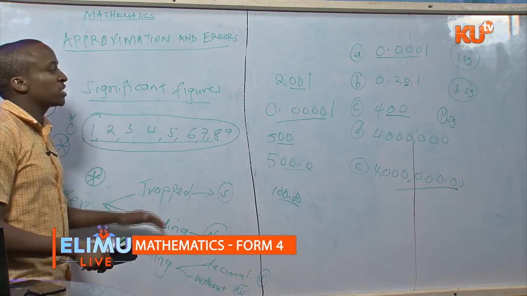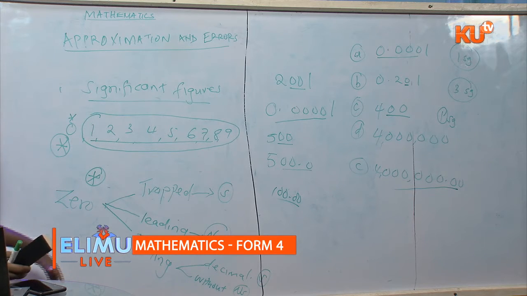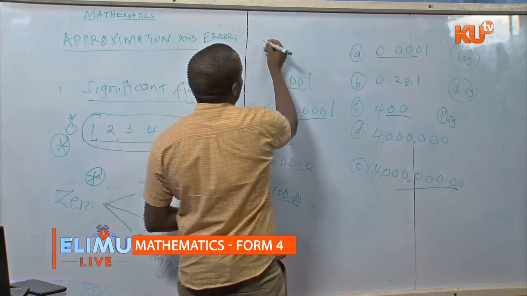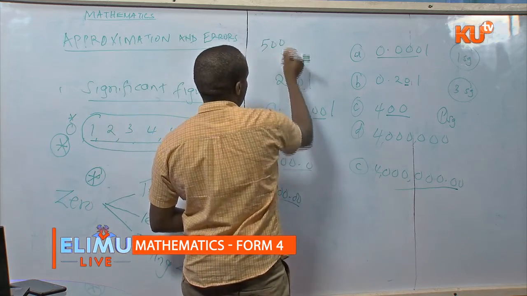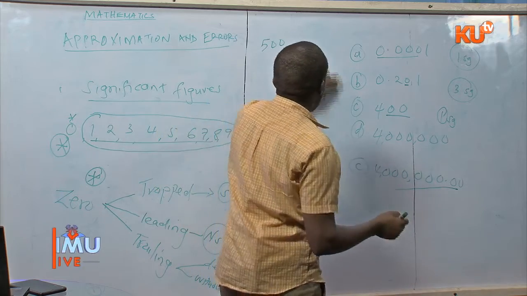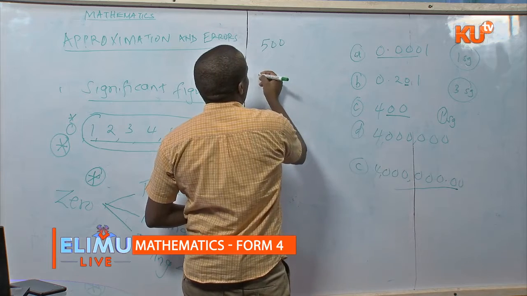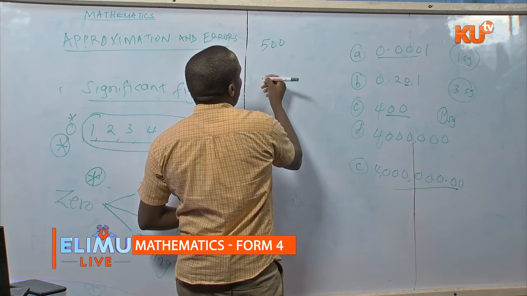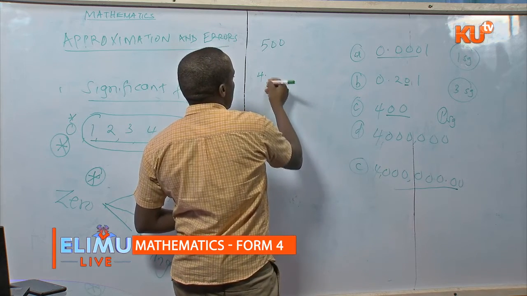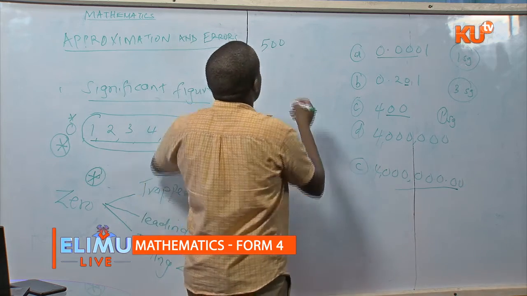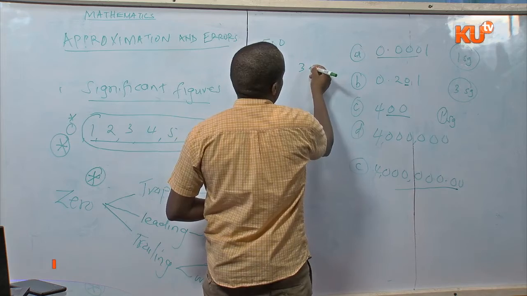We have to consider this concept. You must understand it today. Given in an exam, maybe your last answer was 500, just as an example. And the last point there, you are told to write your answer maybe to 4 significant figures or to 3 significant figures. You are told to write your answer in 3 significant figures.